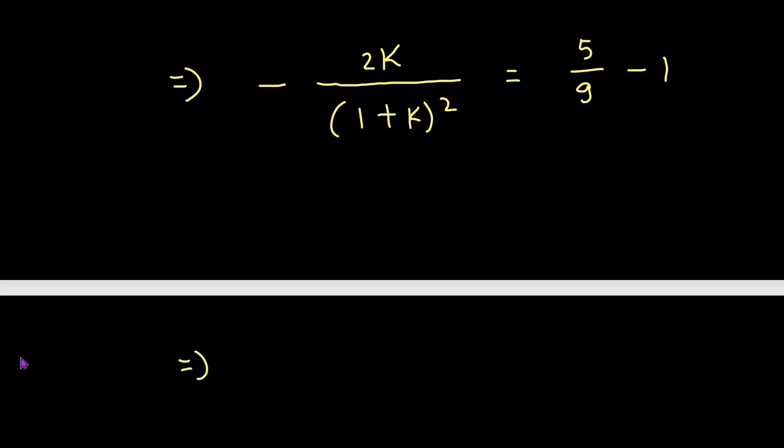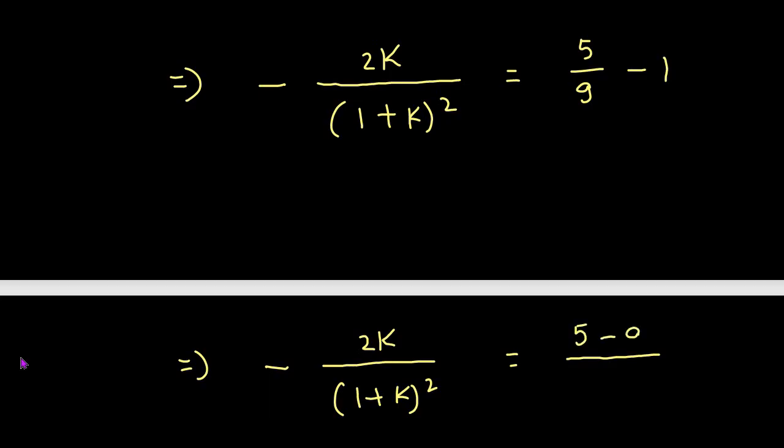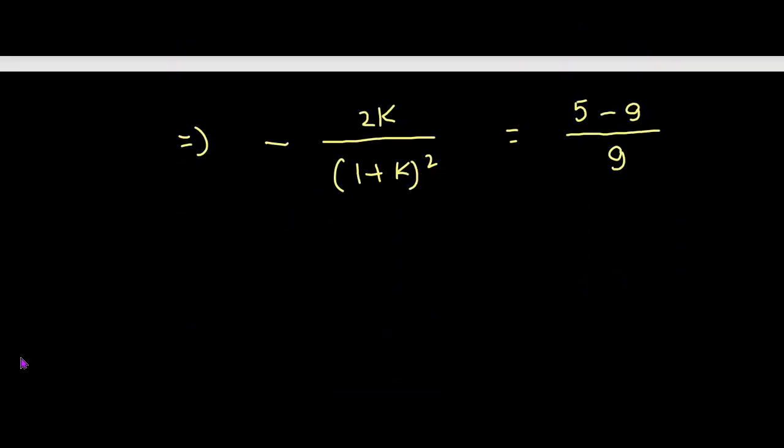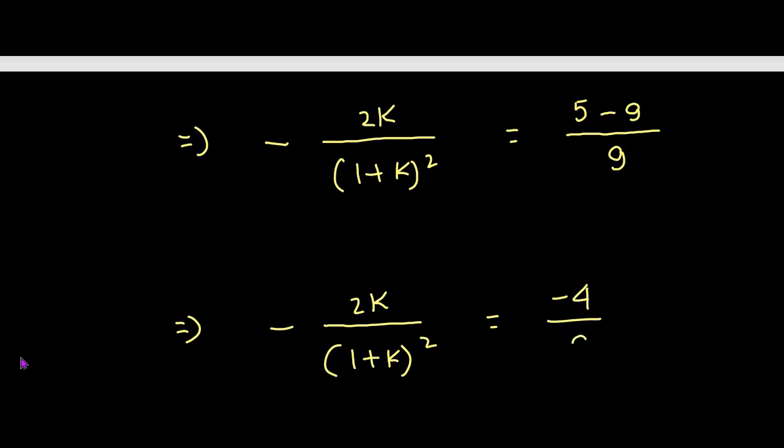Or we can write −2k/(1 + k)² = (5 − 9)/9, or −2k/(1 + k)² = −4/9.